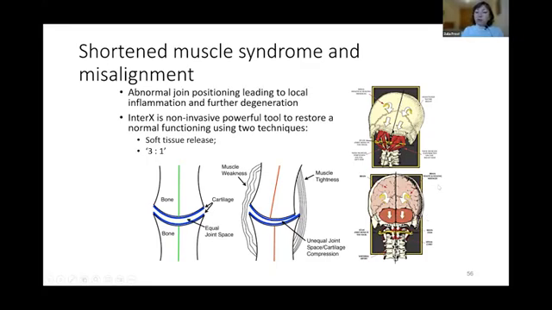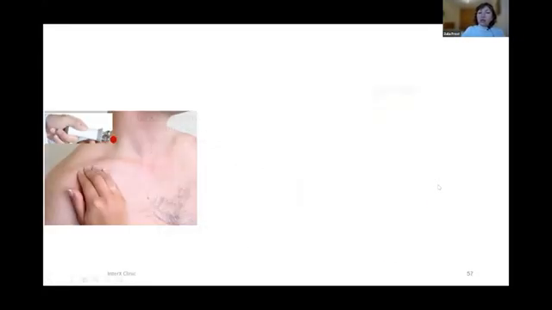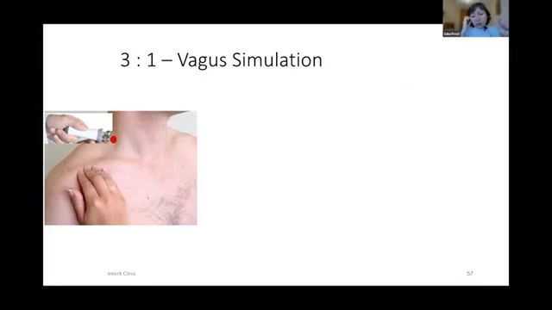So the technique for that, particularly for the second one, is called 3-in-1 vagus stimulation. This technique is difficult to do. This is why it's called vagus stimulation, because you're going to use the 3-in-1 protocol here, and that is where very close the ganglions of the vagus nerve come.